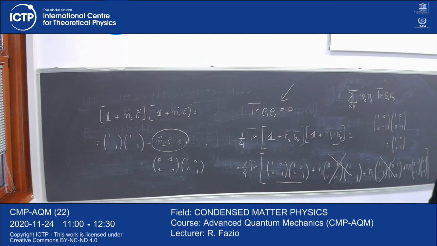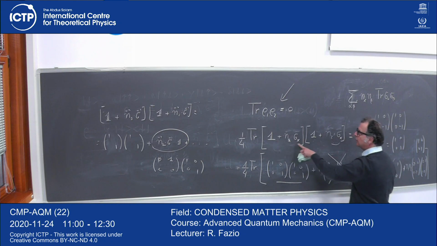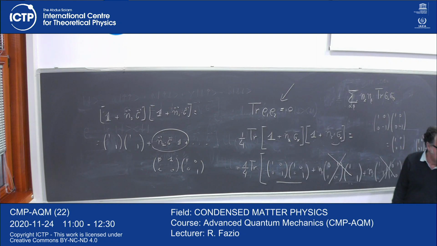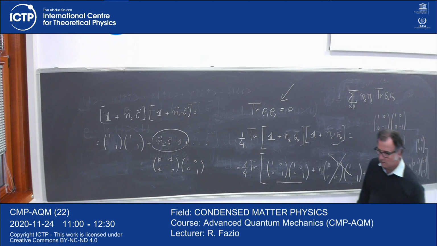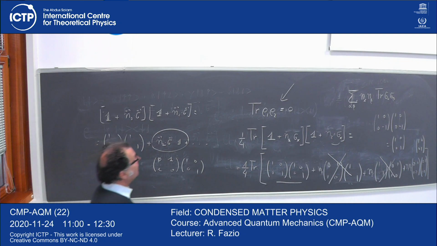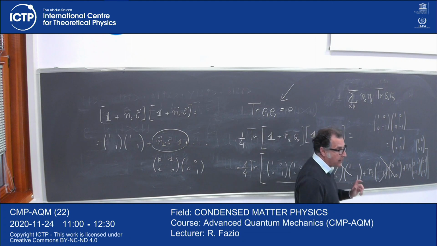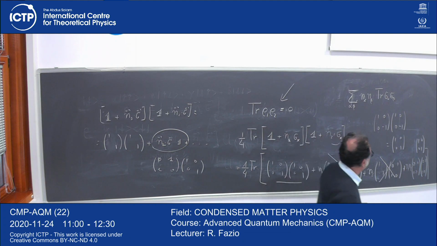However, if you multiply sigma x times sigma x, you will see that this becomes the identity, so the trace in this particular case is 1 plus n1 dot n2. Okay? So the trace of 1 or 2 becomes 0 when the scalar product of n1 and n2 is equal to minus 1.